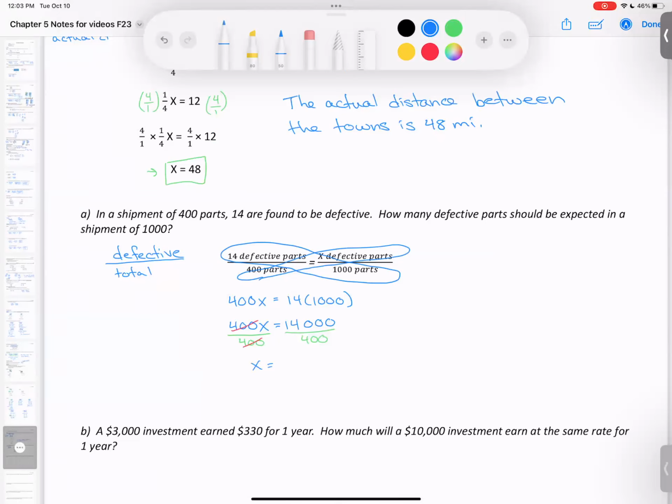So x equals 14,000 divided by 400. What is that? I'm going to use my calculator, and I get 35. So then we can say 35 defective parts are expected.